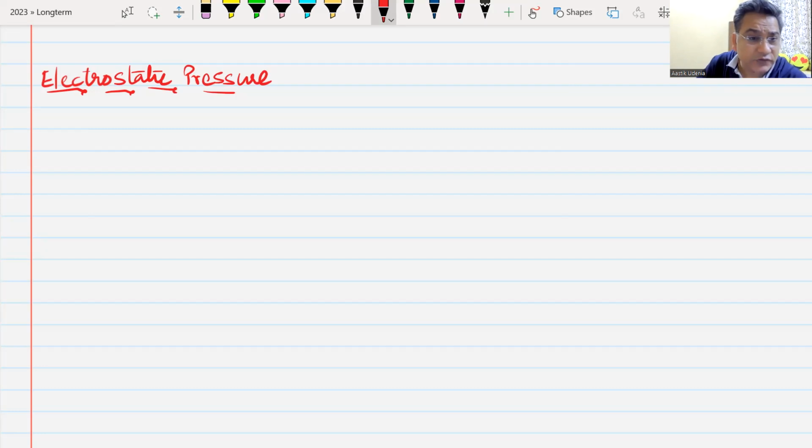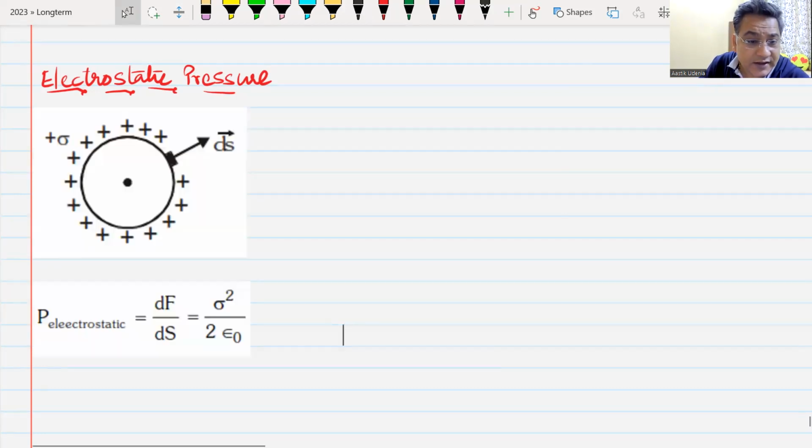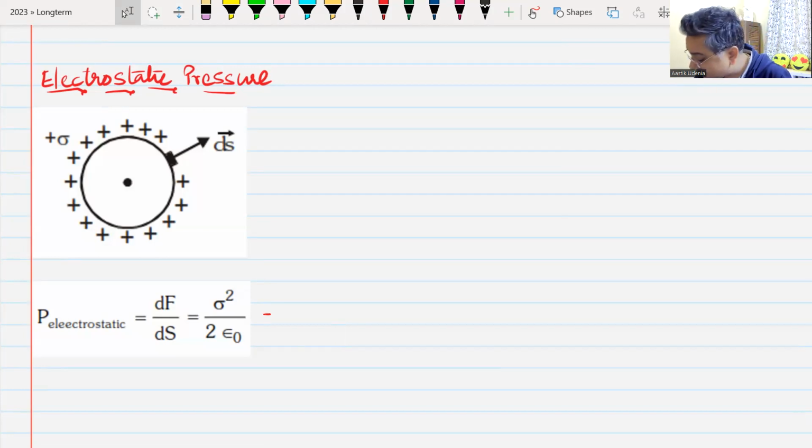Because of that force, the conductor experiences electrostatic pressure, and that pressure is given by the formula sigma square by 2 epsilon naught, which is again the same as half epsilon naught into E square.